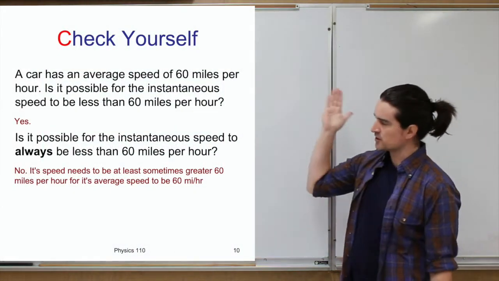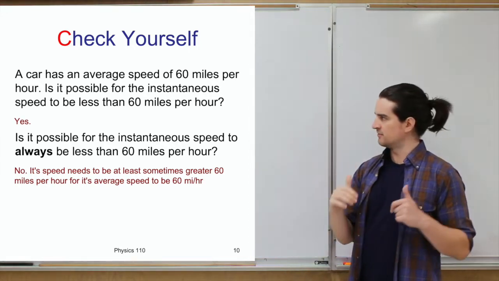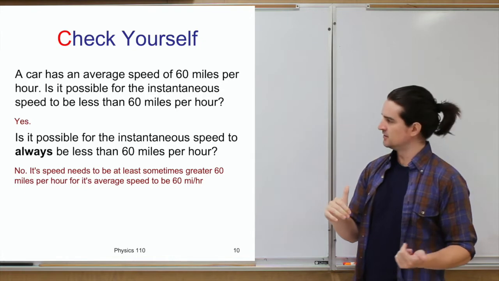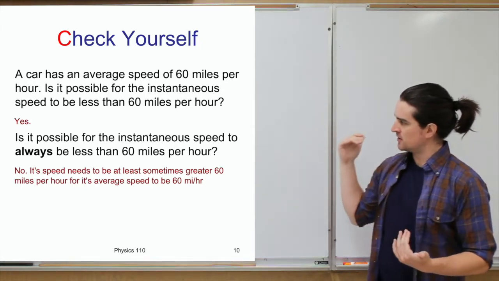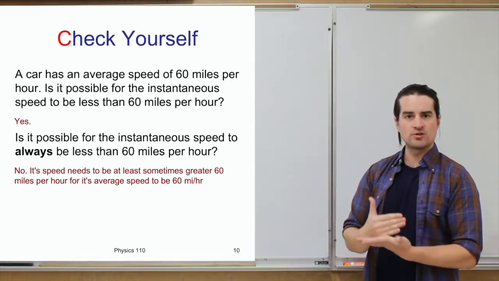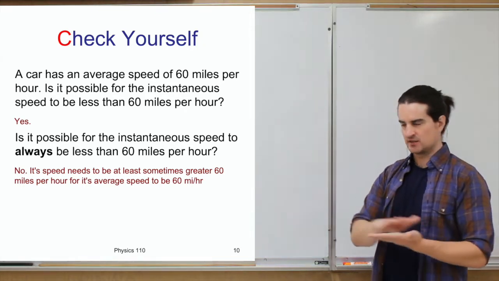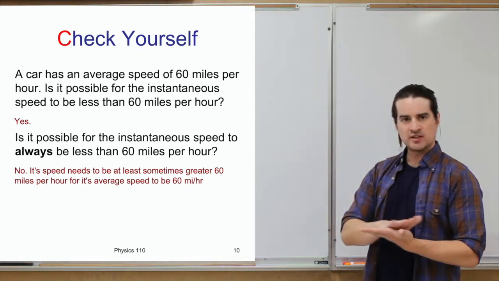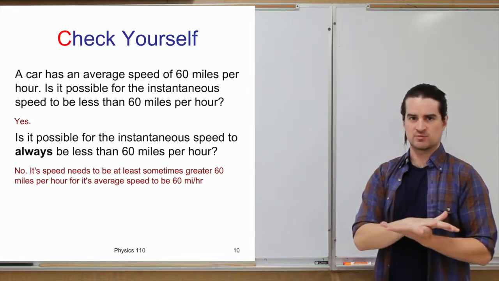Okay, so hopefully you answered yes to the first question, because I kind of said that in the last slide. But as far as the second question goes, can your instantaneous speed always be less than 60 miles per hour? The answer is no, because if you always have an amount that's less than 60 miles per hour, it's never going to average out to be greater than all those instantaneous moments.